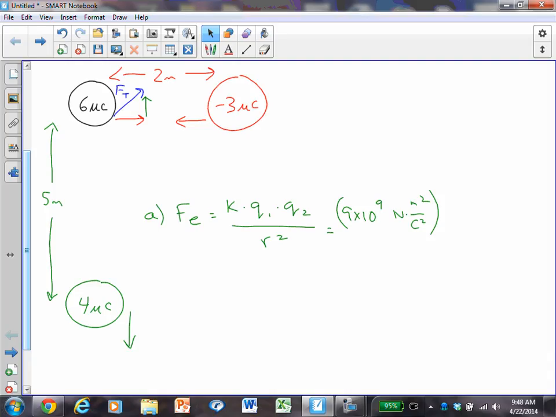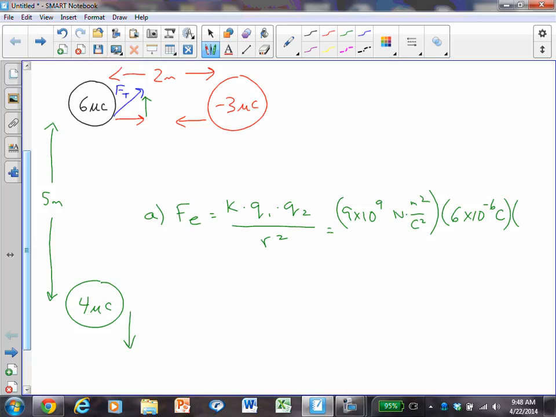So Q1, what's our one charge? Six times 10 to the negative 6 coulombs times, now you don't put in the plus minus because the plus minus helps us determine what? That it was going this way up, right?